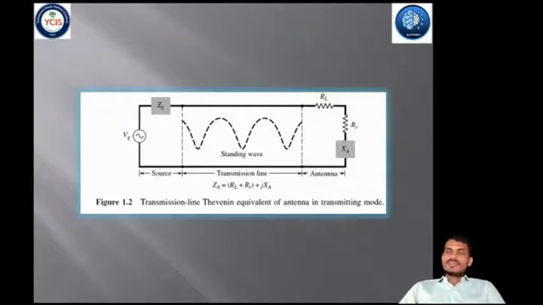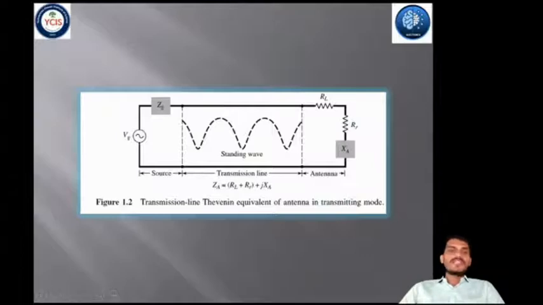The losses due to the line, antenna and the standing wave are undesirable. The losses due to the line can be minimized by selecting a low loss line, while those of the antenna can be decreased by reducing the loss resistance represented by this area.